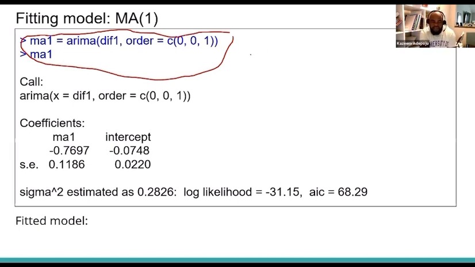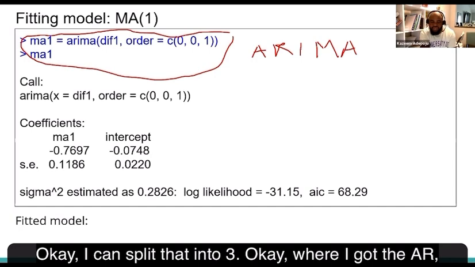Don't forget, I said something yesterday: we're using ARIMA. When I have ARIMA, I can split that into three.